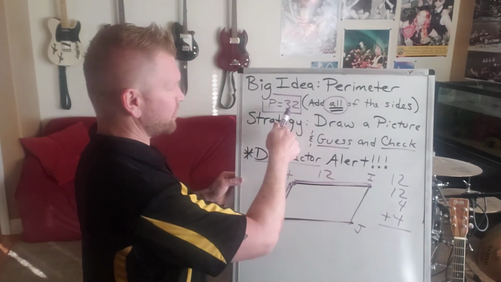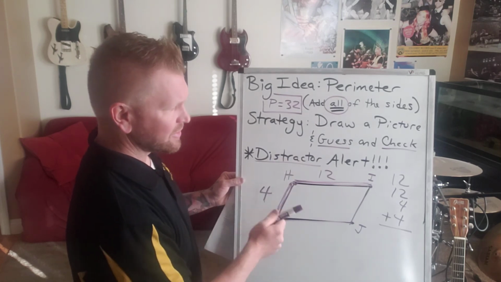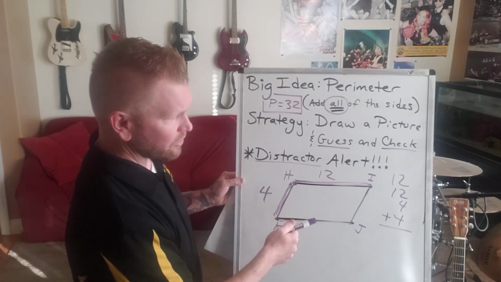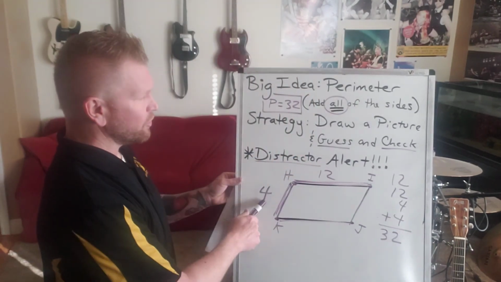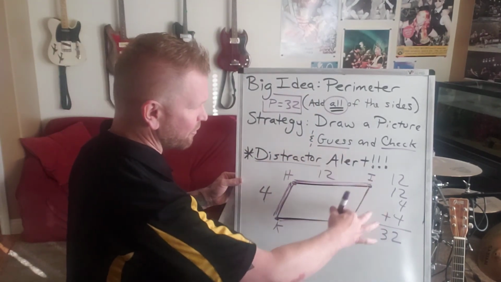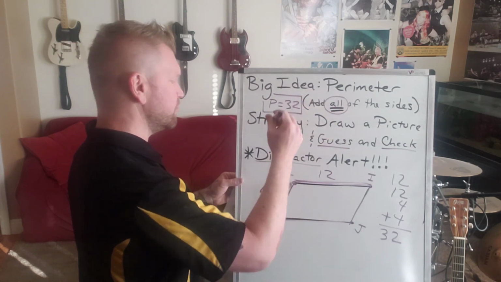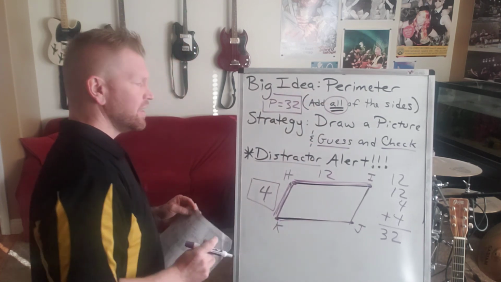And if that adds up to 32, then we're right. So does that add up to 32? It does. And so because 4 is the missing number that makes this problem add up to have a perimeter of 32, 4 is the answer, and there you go.